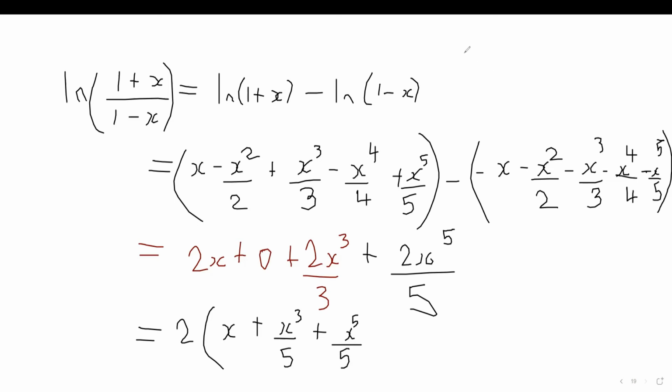This should have been 3 here. Plus, and it continues. It would have been x to the 7 over 7, and it continues. And this is ln of (1 plus x) over (1 minus x). Cool with this? Yes, sir.